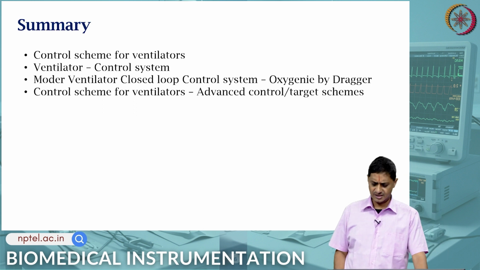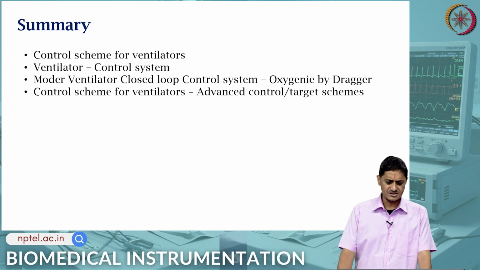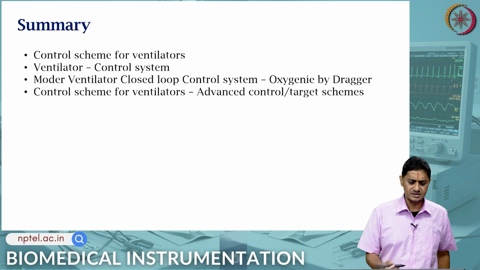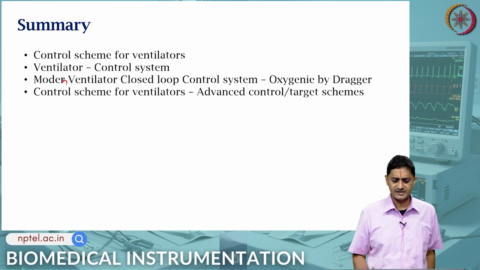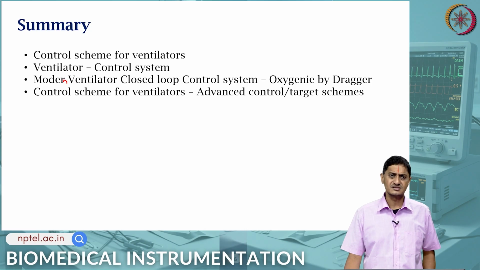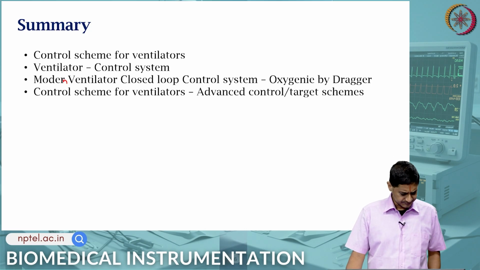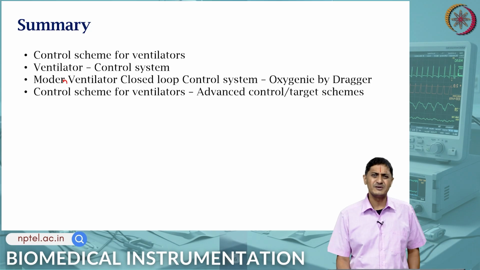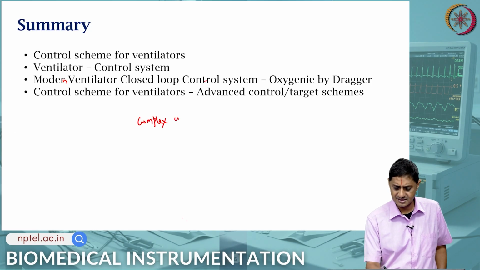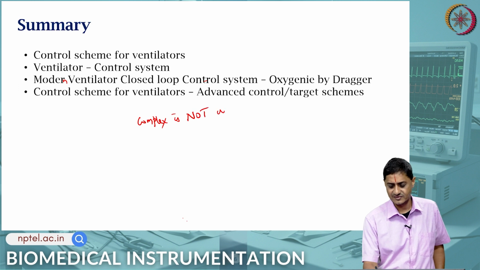So, with this we come to the end of this video on control schemes. In this video we looked at control schemes, modern ventilator control schemes and one closed loop control scheme. Some things to keep in mind: complex is not always better.